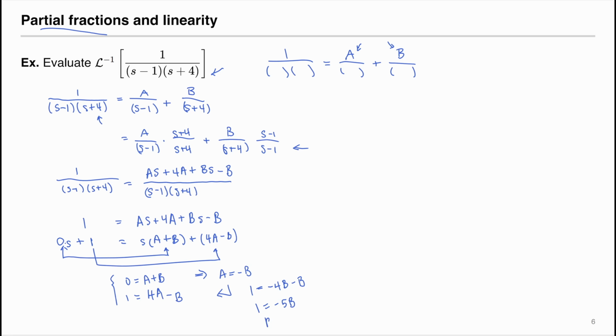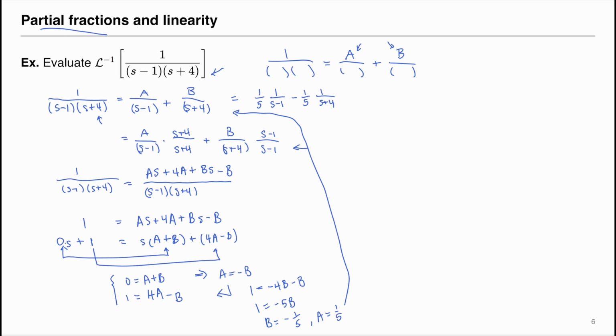So b equals to negative 1 over 5. Therefore, a is 1 over 5. We can plug in and get the final expression of 1 over 5 times 1 over s minus 1, minus 1 over 5 times 1 over s plus 4.